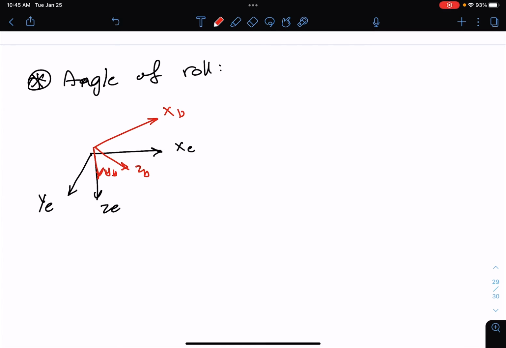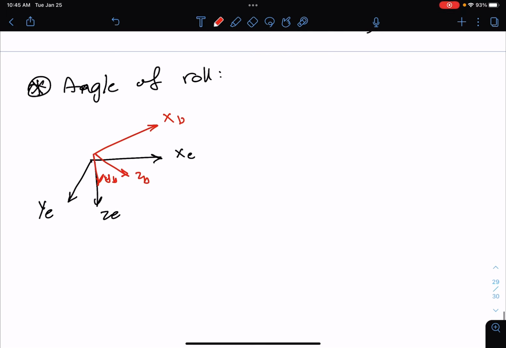These three angles so far have talked about the relationship between these two coordinate systems. Based on this, how do we define the angle of roll? So we are rotating in the direction of the y direction, in this direction, right?